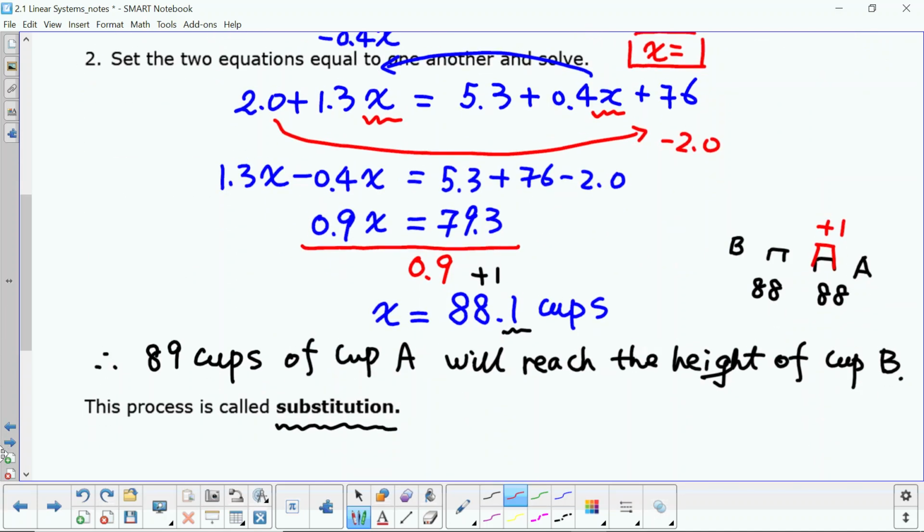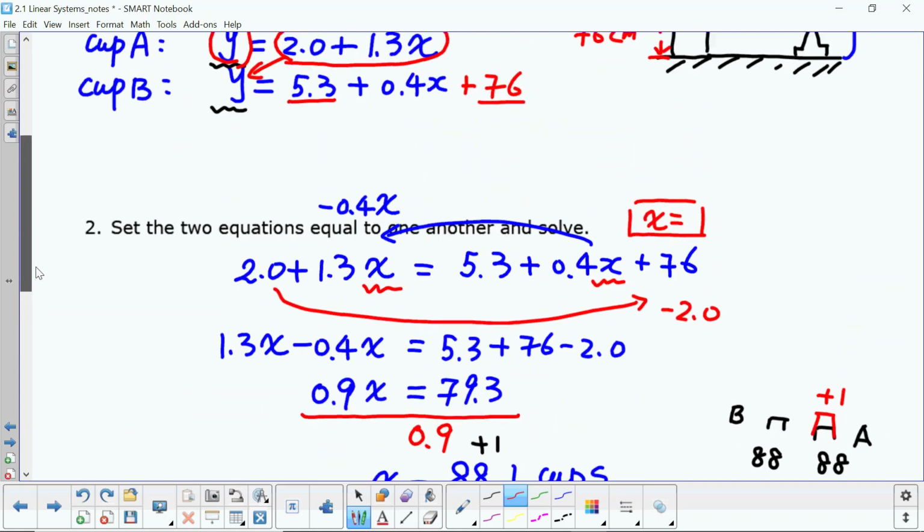Now we are going to see any questions. Pause it and look back. Are you able to solve this equation? If not, you could cover the answer here and resolve the equation to see if you are able to solve it.